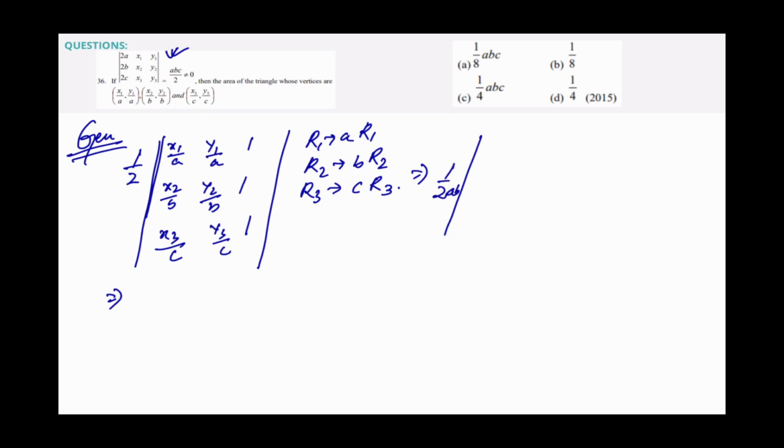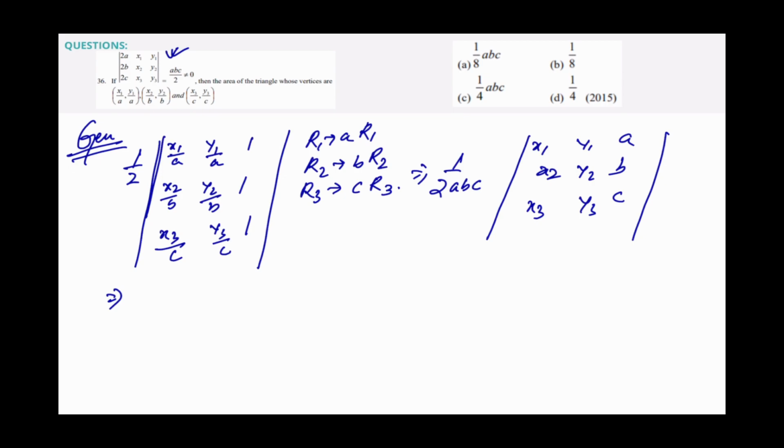Since you have multiplied, you have to divide by a, b, c. So it is half of 1 by abc times the determinant with rows x1, y1, a; x2, y2, b; and x3, y3, c.